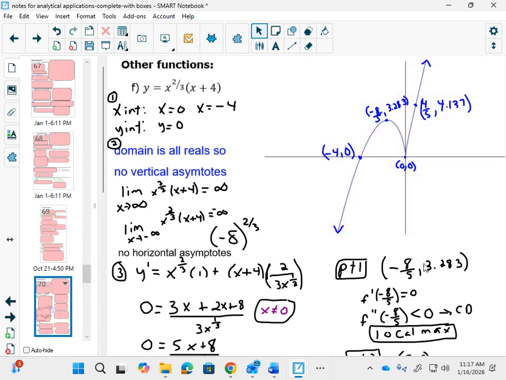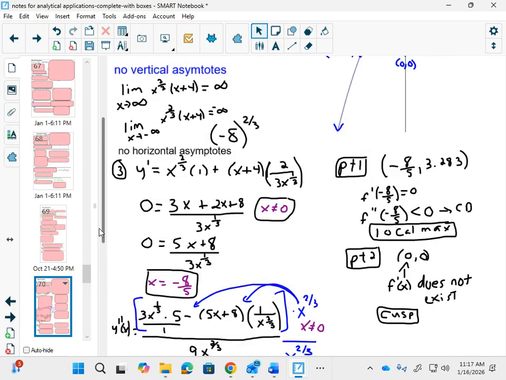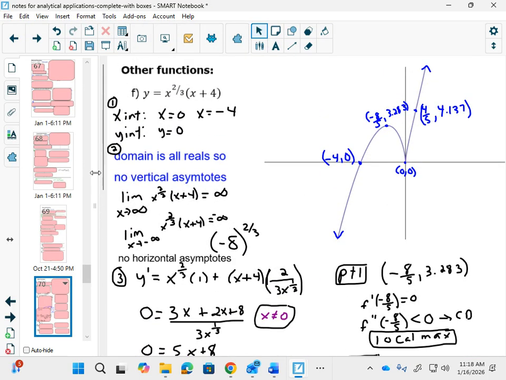We have our maximum, we have a sharp point at 0, 0. It is concave down. Concave down, and this part here is concave up. If I have that curving a little bit like that.